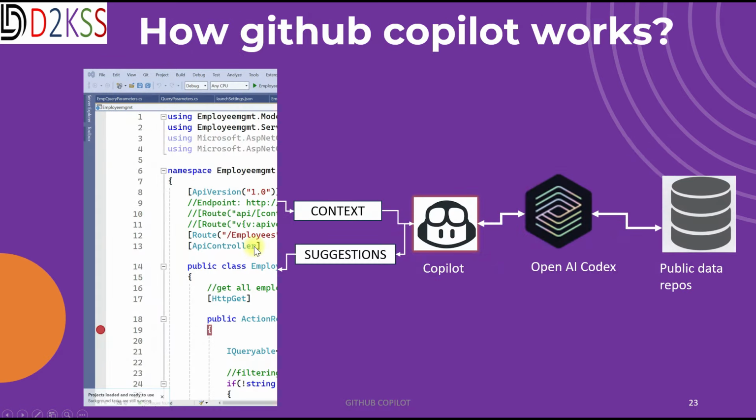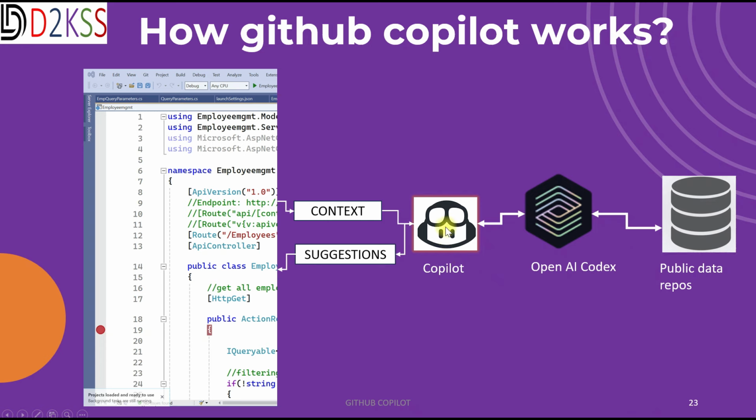So how is GitHub Copilot performing all these jobs? When you start writing code in Visual Studio or Visual Studio Code, the GitHub Copilot extension that you have installed into the code editor will read the context of the code. It will read the context of the code and send that code to GitHub Copilot.